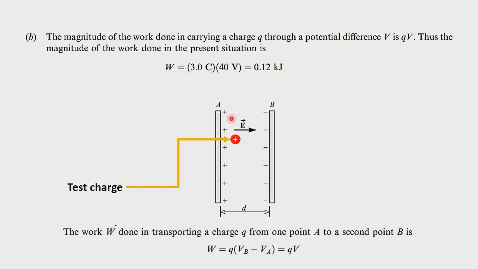According to the problem, it already has a potential difference of 40 volts. Therefore, that will resolve to 120 joules. But we would like the kilojoule value, so divide that by 1000 and you will get a value of 0.12 kilojoules.